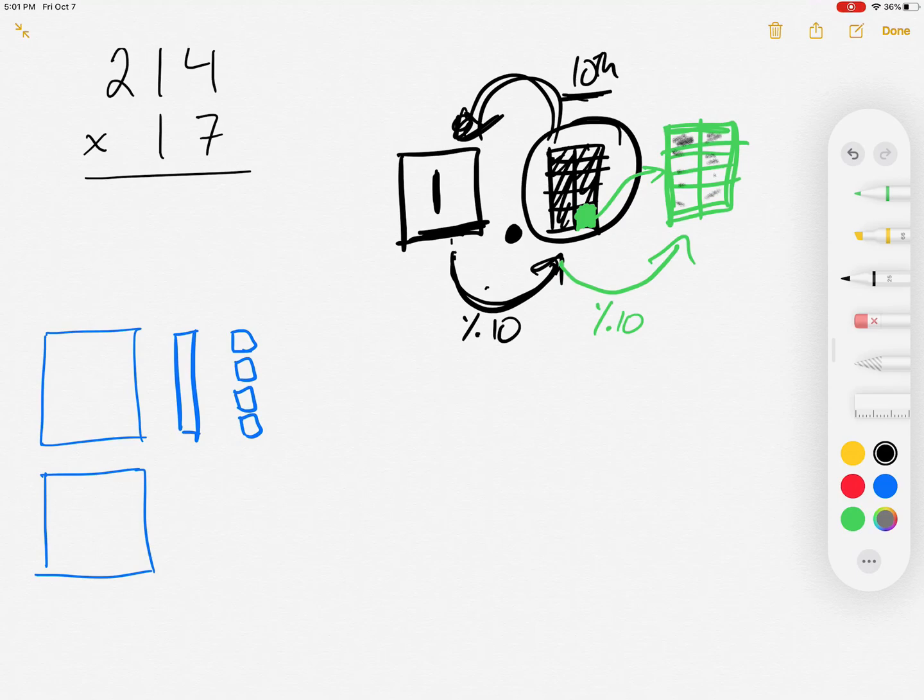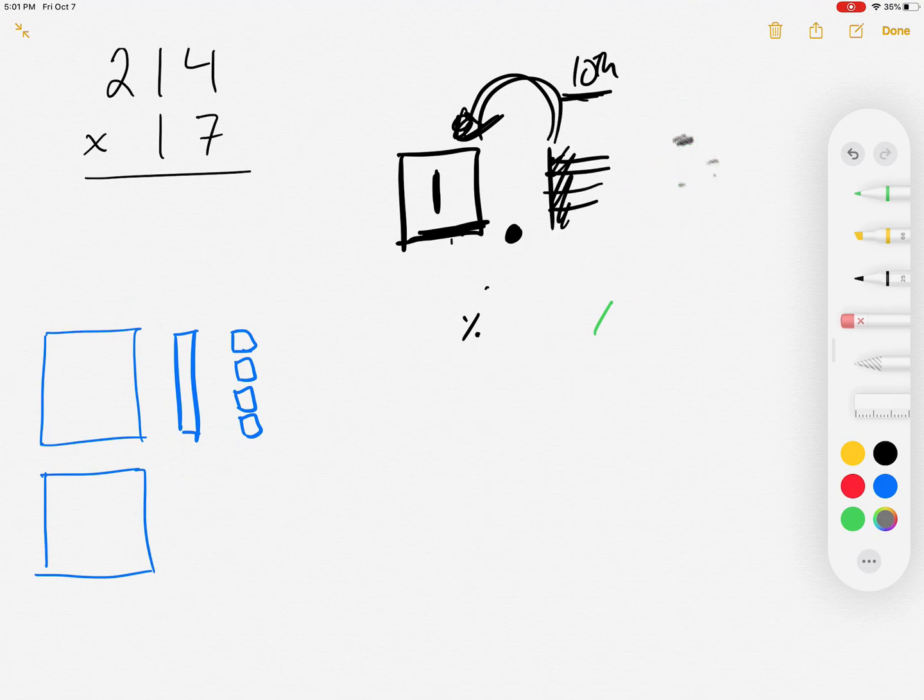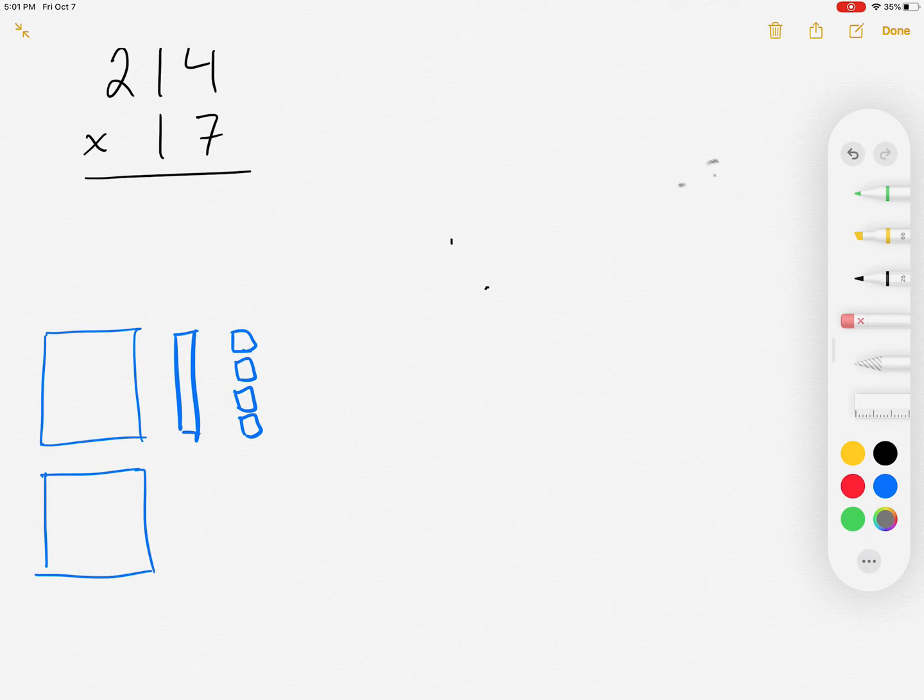So this is why, in this algorithm, the number one thing we do, well, ask yourself, what do we do with the decimals when we are multiplying decimals? There's something we do with them. So let's say I've got a decimal here and a decimal here. The very first thing we're going to do is ignore them.